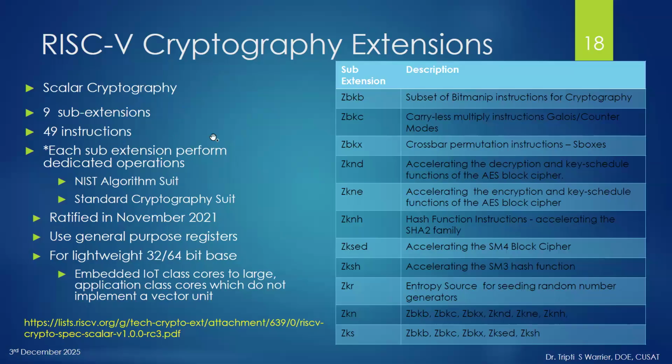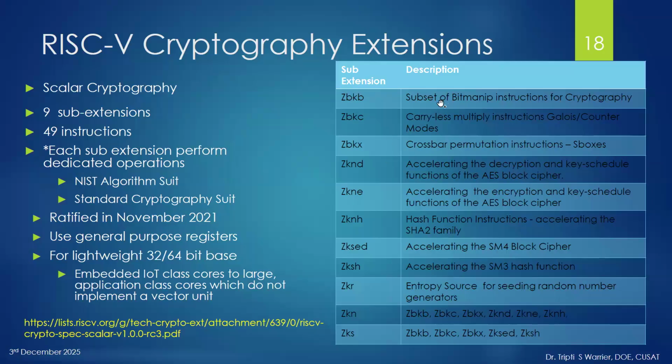There are 9 sub extensions and 49 instructions in total, and each subsection has a specific task. This was ratified in November 2021, and it is scalar because it uses the register implementation of the base instruction set itself. To support this, except for the execution unit and decoder, no change has to be made in the existing RISC-V design.